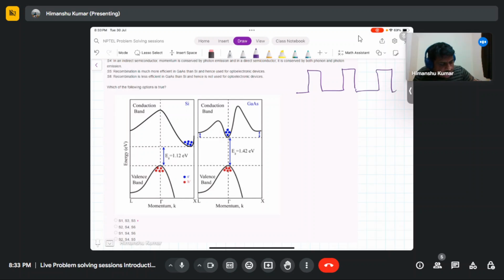You can roughly approximate this Coulomb potential as the square potential, and what this periodicity is indeed.